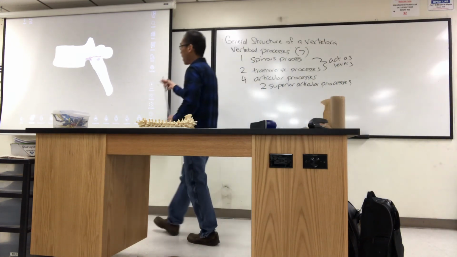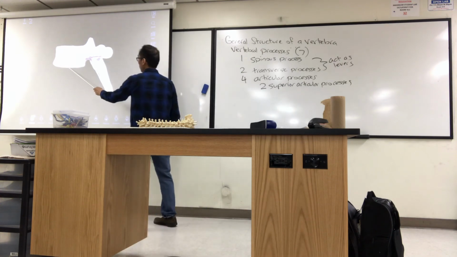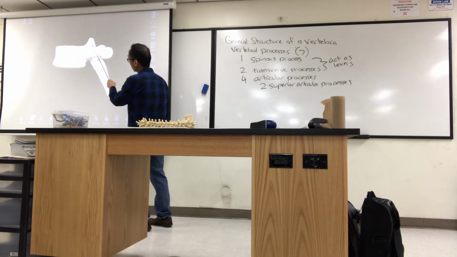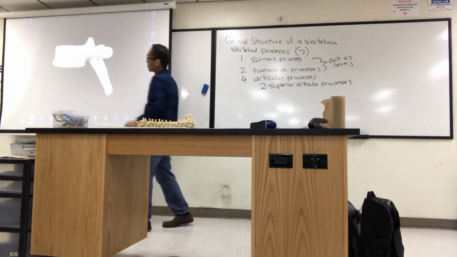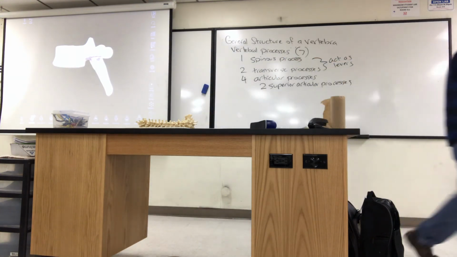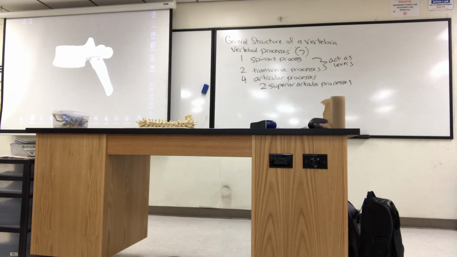Here's my vertebral body from the side. There's my transverse process, and there's my spinous process. Do you see these two things sticking up? Those are the two superior articular processes, and they articulate to the vertebra above it.